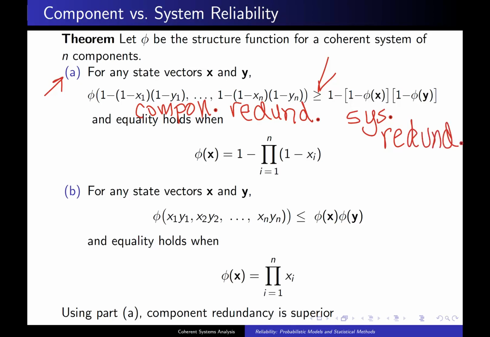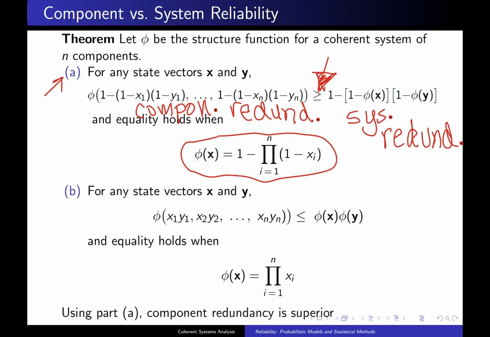And that is the theorem. Furthermore, this greater than or equal to is going to be strictly equal when you're looking at a system with phi of x that looks like this, which you probably recognize by now as a parallel system. That part A takes care of our component redundancy being superior to system redundancy.